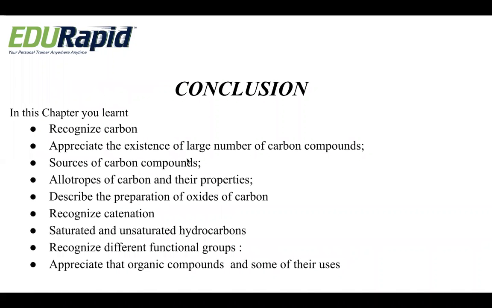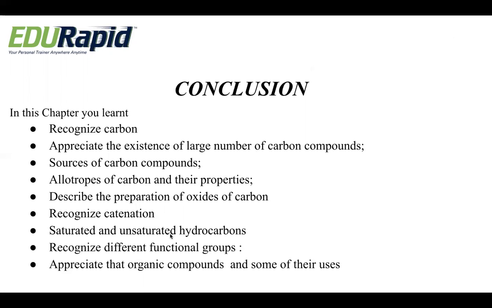So let us move to the conclusion part. In this chapter, you learned to recognize carbon, and we appreciate the existence of a large number of carbon compounds. We also studied the sources of carbon compounds and some of the allotropes of carbon and their properties, described the preparation of oxides of carbon, and recognized the most important property, that is catenation.